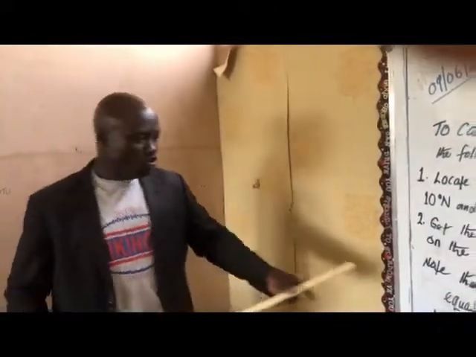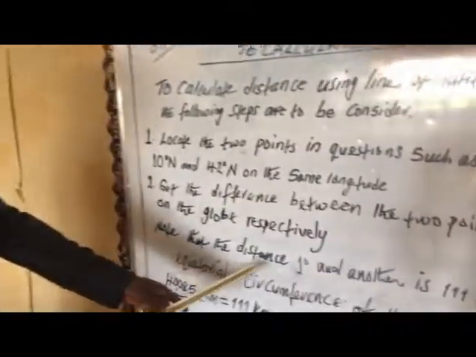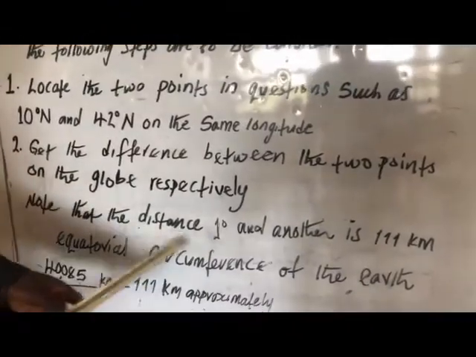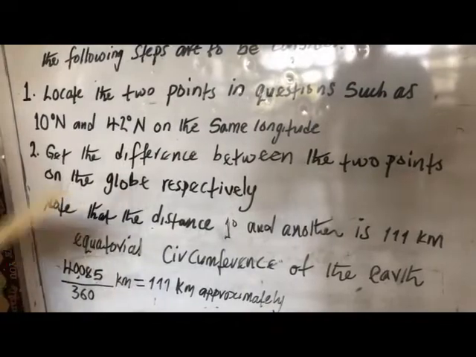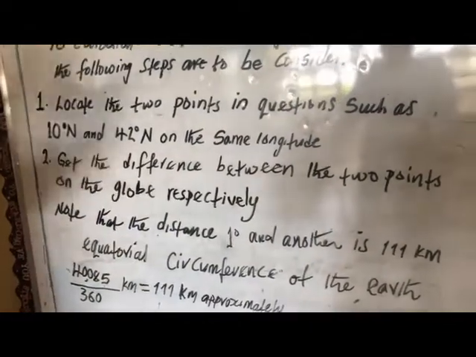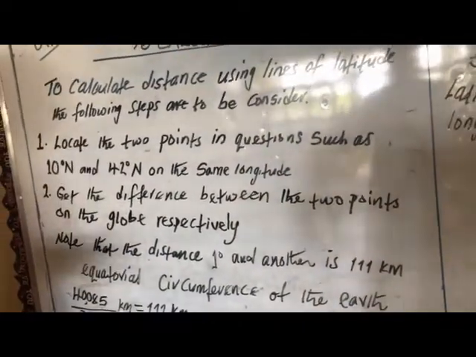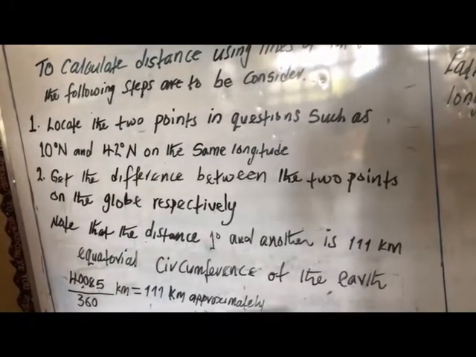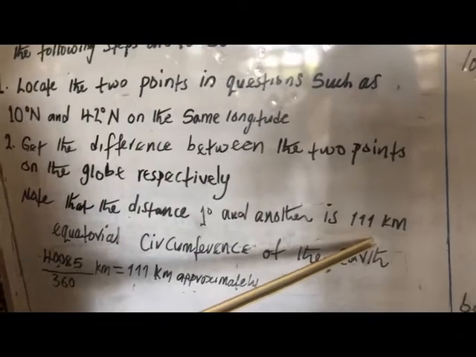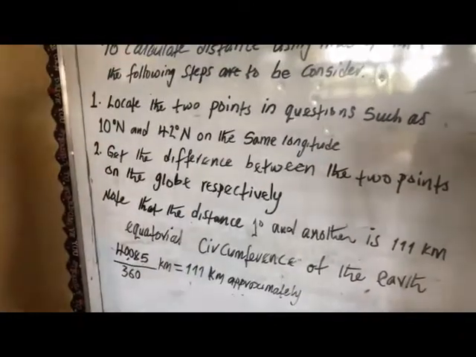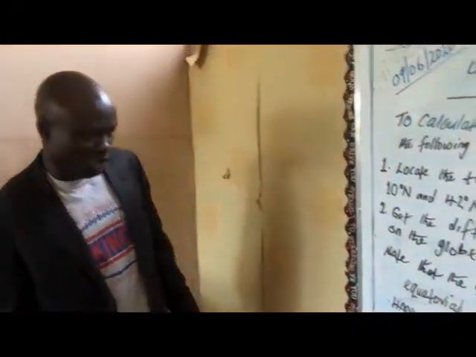And we also need to note that the distance, the interval between one degree and another, is approximately 111 kilometers. Now, how do we arrive at this 111 kilometers?